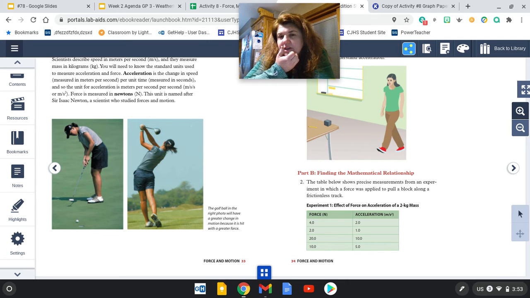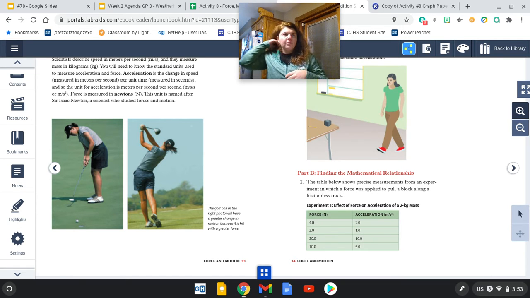So let's talk about what that actually means, what data was gathered, because you might not know. Imagine a block of any sort, it could be a wood block, that was pulled along a frictionless track.